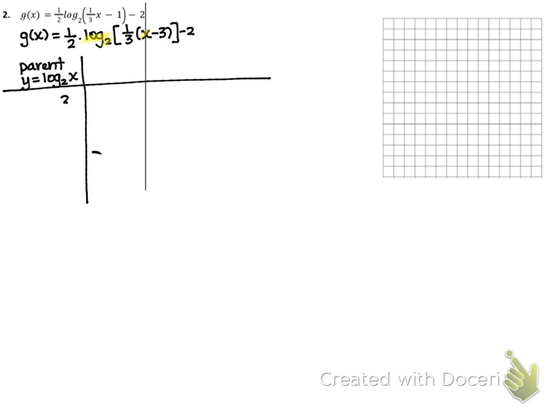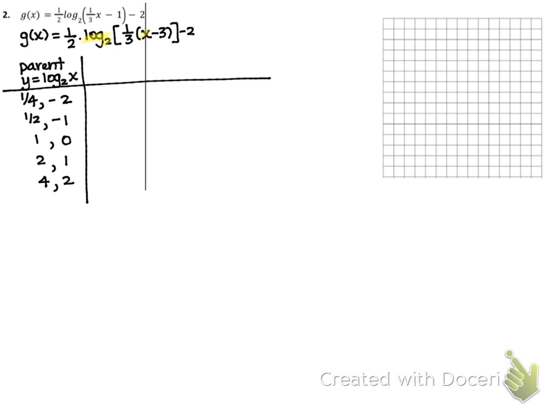So I've got -2, -1, 0, 1, 2. Not as my x's now, they're my y's. And then I'm going to do 2 to these powers. So that's a 4, which means that's a 1/4. That's a 2, so that's a half. That's a 1. Okay, let's take a look at our transformations now.